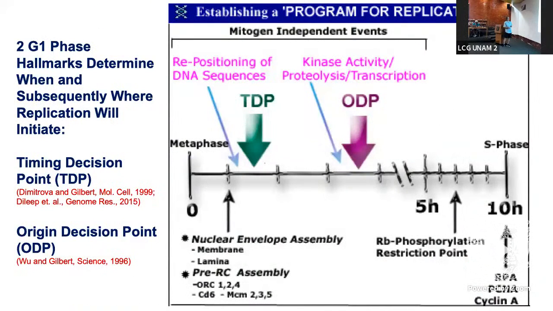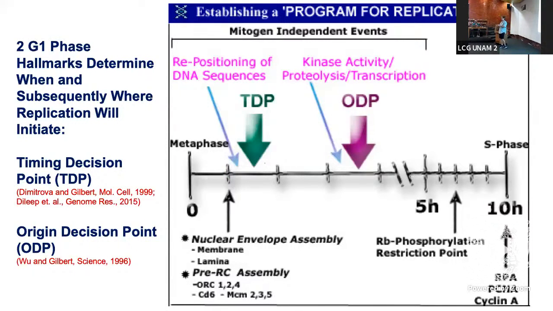Okay, this is an old slide, but what I wanted to show you is that when we look at replication origins, that is, the sites where replication initiates, what we find is that after the timing decision point, replication is initiating in the proper temporal order when nuclei are introduced into our cell-free system.